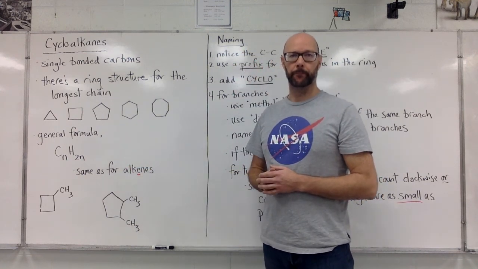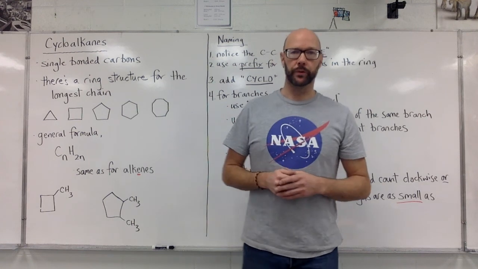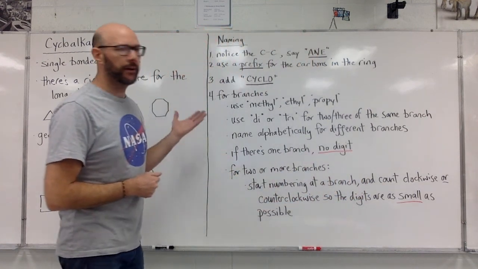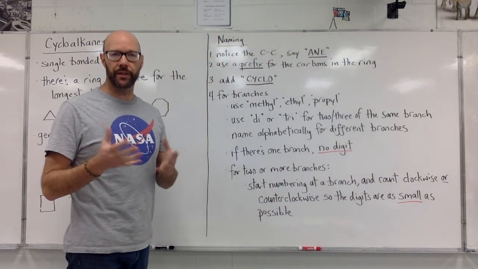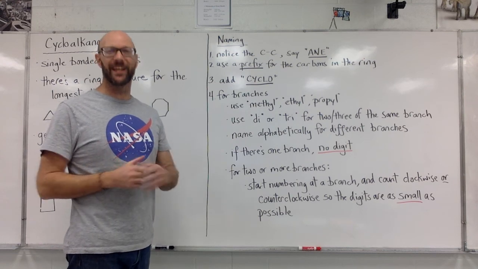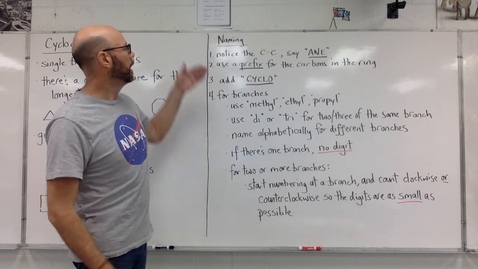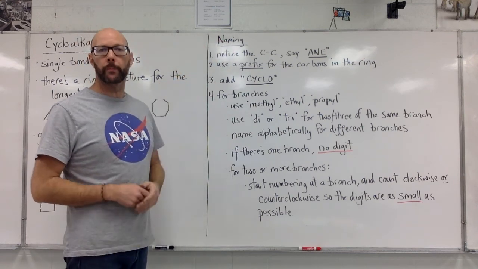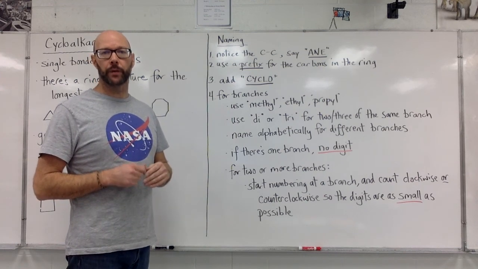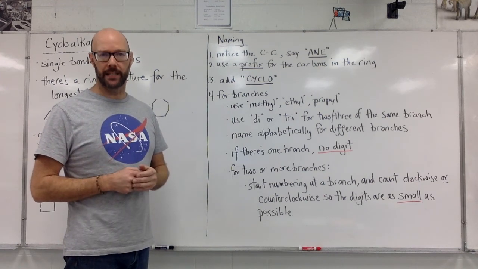Our naming rules are very similar, but we have some extra things to add on to from our work with linear alkanes. We notice this carbon-to-carbon single bond, and so the name ends with ane, A-N-E.